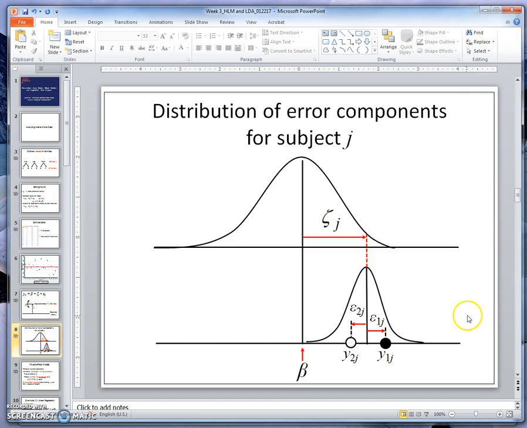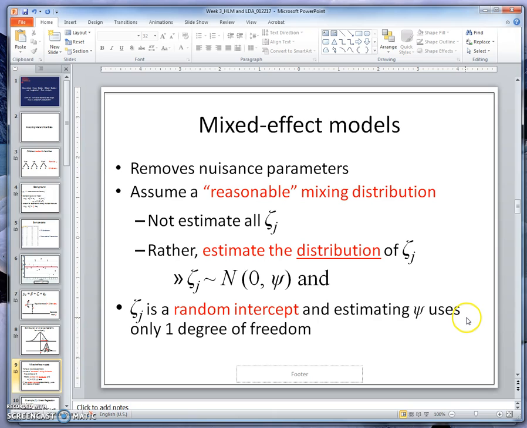All right. So just like we assumed that the error term epsilon was distributed using some kind of distribution, we're now going to assume that this zeta term also has a distribution. And in a mixed effects model, or in a hierarchical linear model, or in a multi-level model, again, these are different names for the same approach, and they're all called mixed effects models.